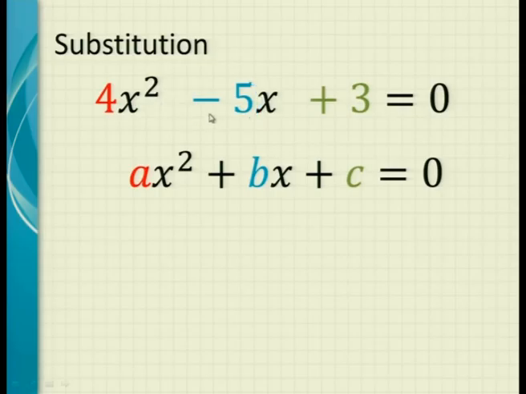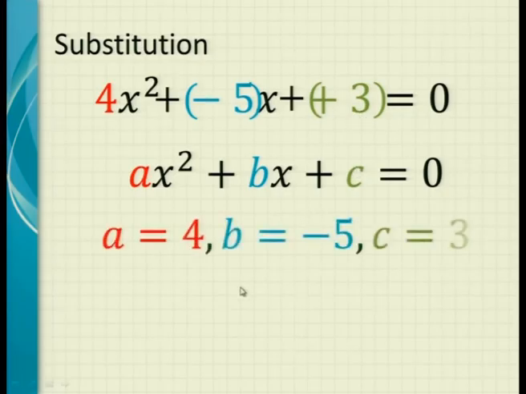But in your imagination, because we are looking at the standard formula, ax squared plus bx, the b value will be minus 5. What can you tell me about the c? The c equals plus 3. So that's the values in this equation: A equals 4, b equals minus 5, and c equals 3.